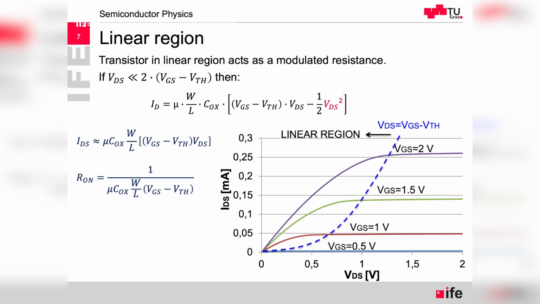And this approximation is something that we use very often in analyzing digital circuits. If we have, for example, an inverter, we will look at this example later in the application of MOSFET transistors in simple circuits. We will have a bottom transistor switched off and an upper transistor switched on, and if there is any current drawn from this gate, it will correspond to the on resistance of the transistor that is fully switched on.